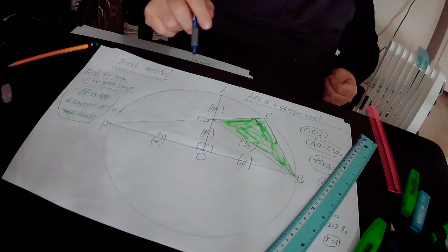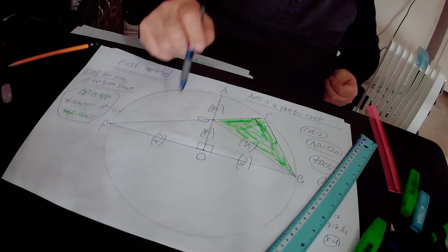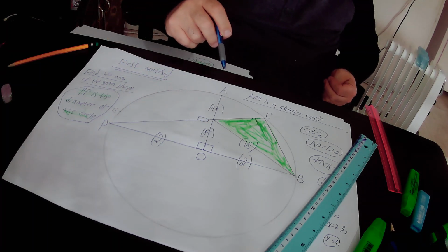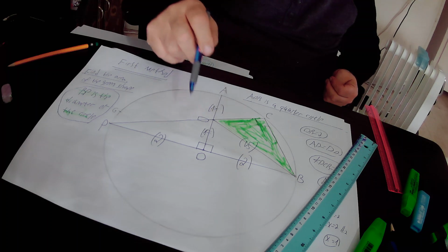In the next step, I'll copy the right triangle PDO in a new page and implement the Pythagoras theorem on this right triangle PDO.